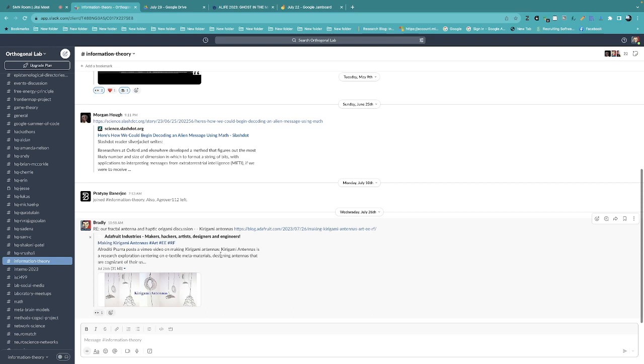And so I put this in here. This is from Adafruit Industries. They do a lot of stuff with making, which is like doing it yourself and building things. Artists, designers, engineers and hackers. This is making Kirigami antennas. Kirigami is a different area. It's Japanese folding art.